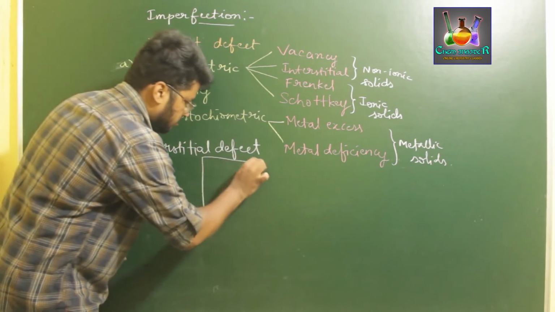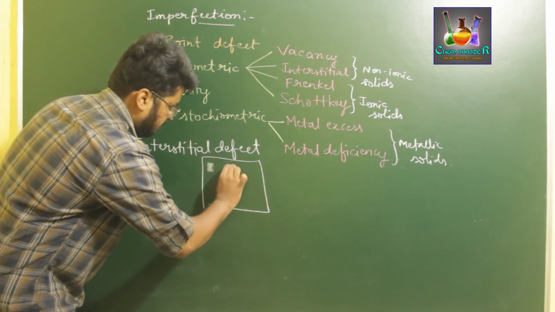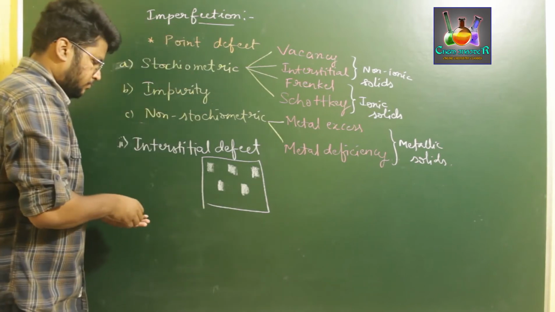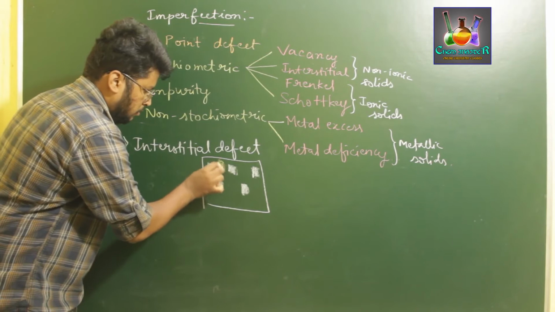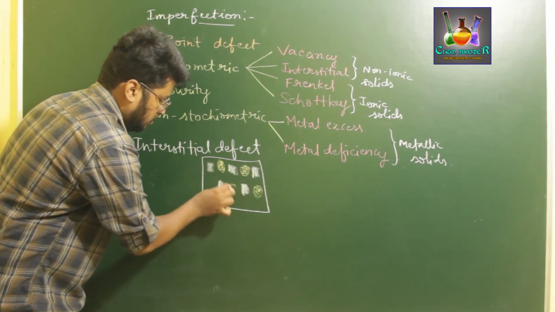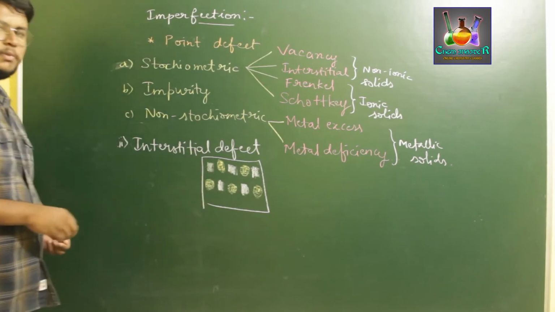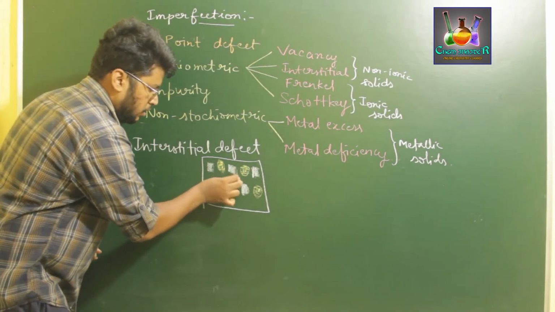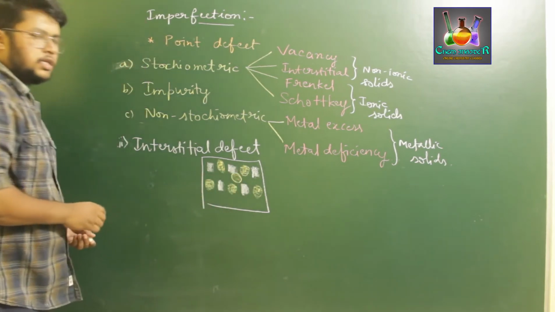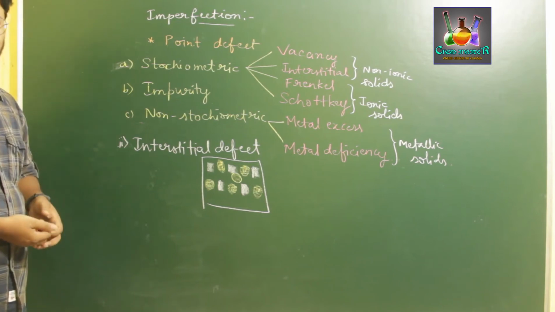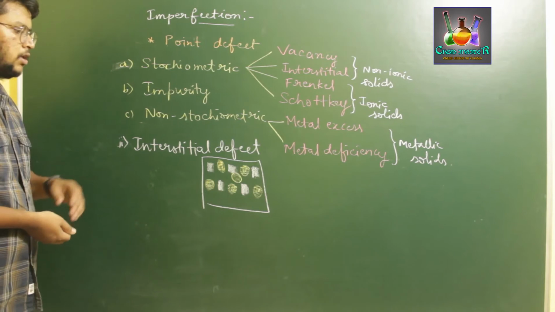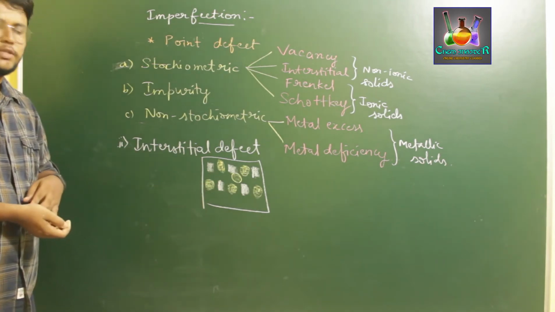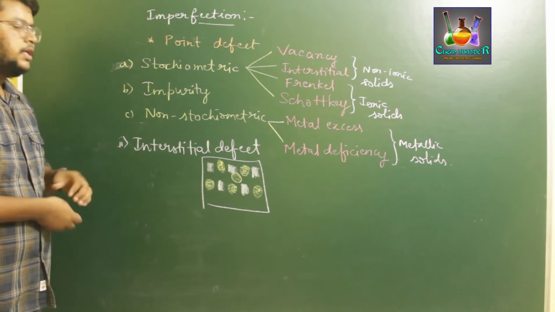If we consider the same structure, with similar atoms at the normal lattice points of a crystal lattice, and there is an additional atom or particle present somewhere at an interstitial site, which is a non-regular crystal lattice site, then that site is called an interstitial site, and the complete defect arising from this is called interstitial defect. So this is our interstitial defect.